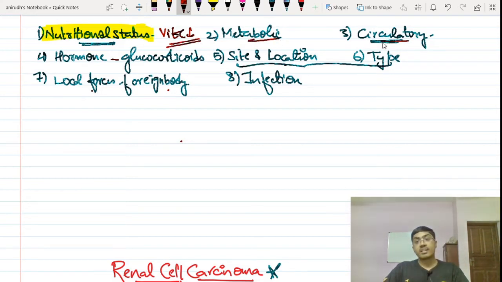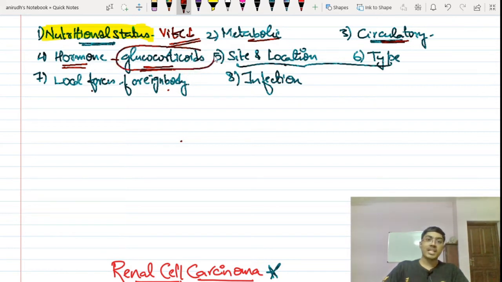Metabolic, circulatory, if there is a block in the circulation towards that area where the wound is present, then that wound will have a difficulty in healing. Hormonal factors like glucocorticoids. Glucocorticoids are said to have anti-inflammatory properties, and steroids have anti-inflammatory properties. So healing is further enhanced by those.